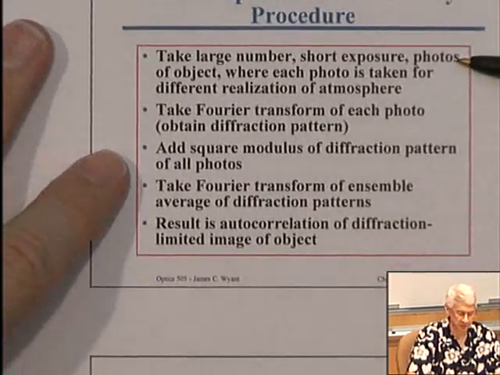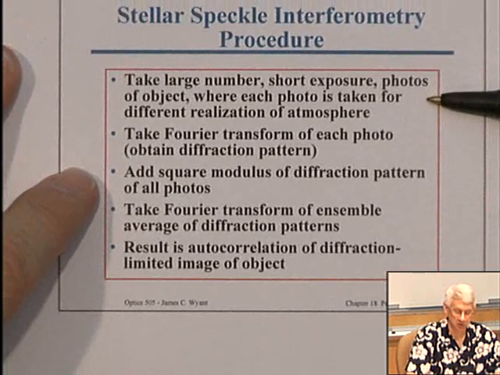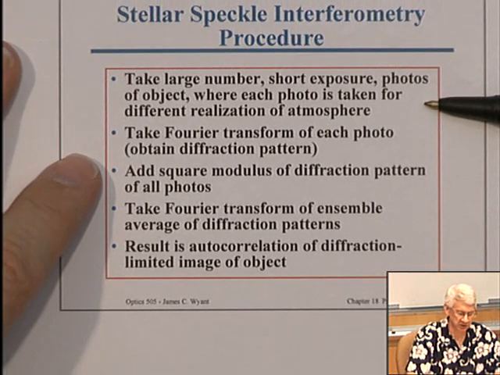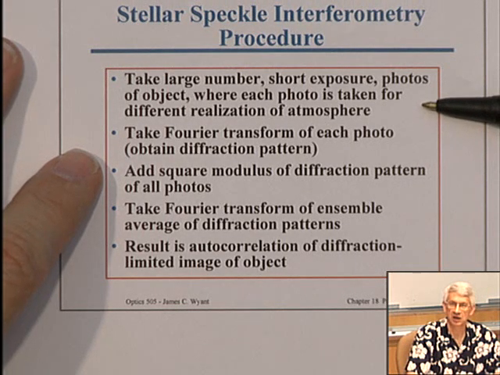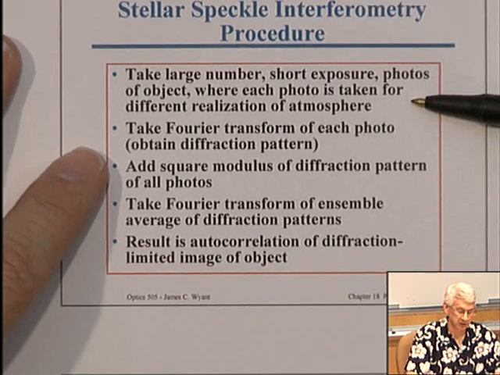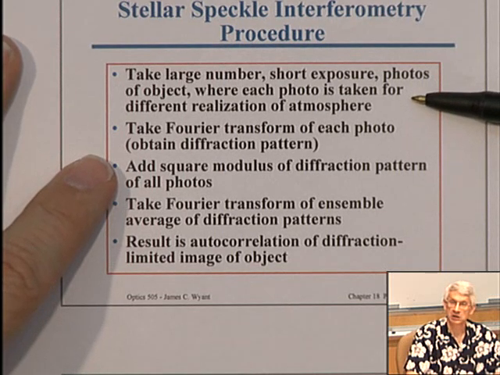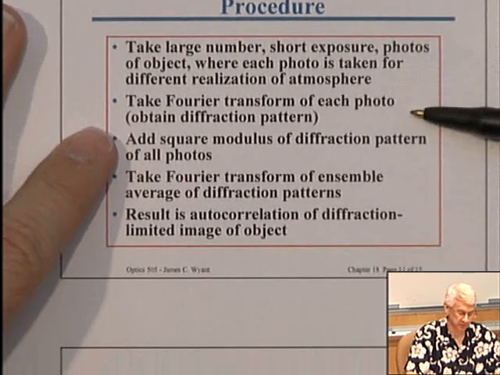So what astronomers used to do, may still do it, I don't know, is to take a very large number of short exposure photos of the object where each photo is taken at a different time, so the atmosphere has changed a little bit between exposures.